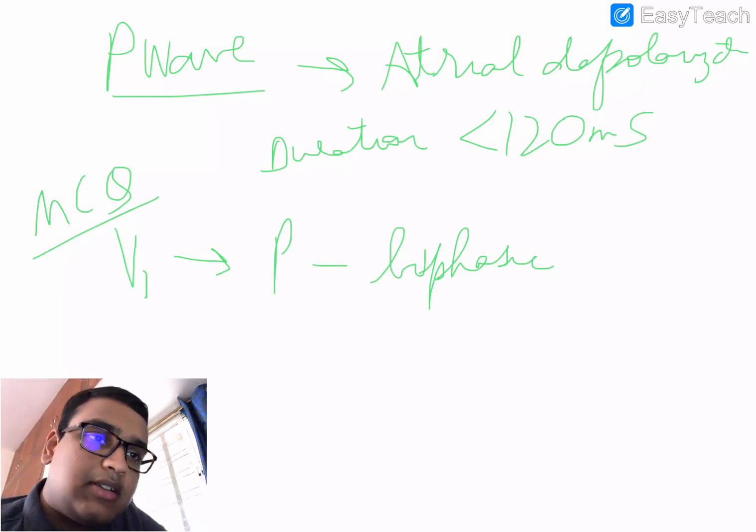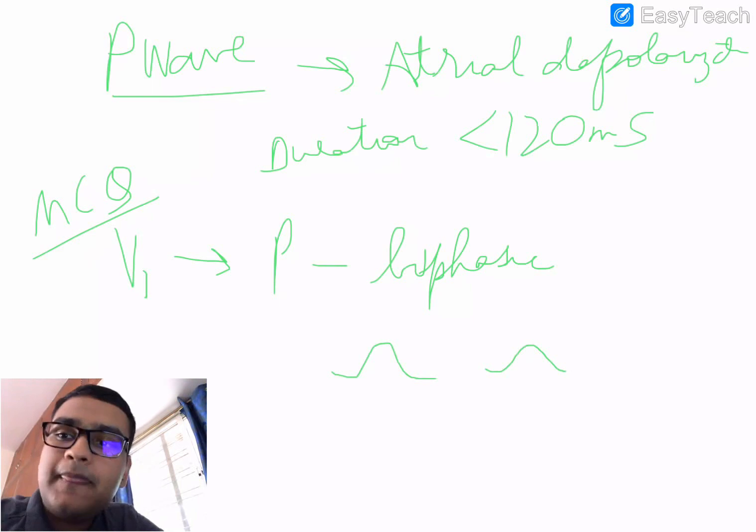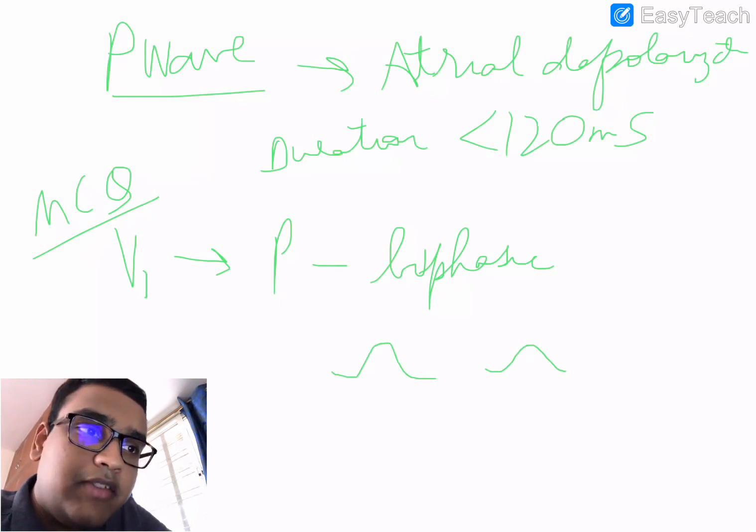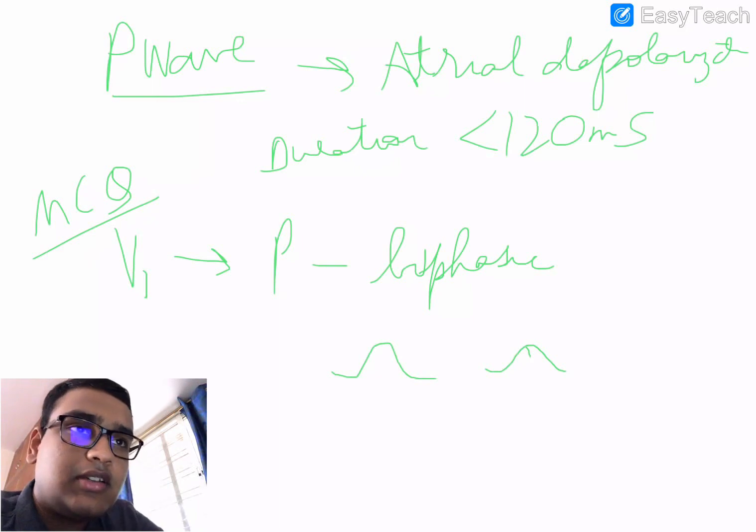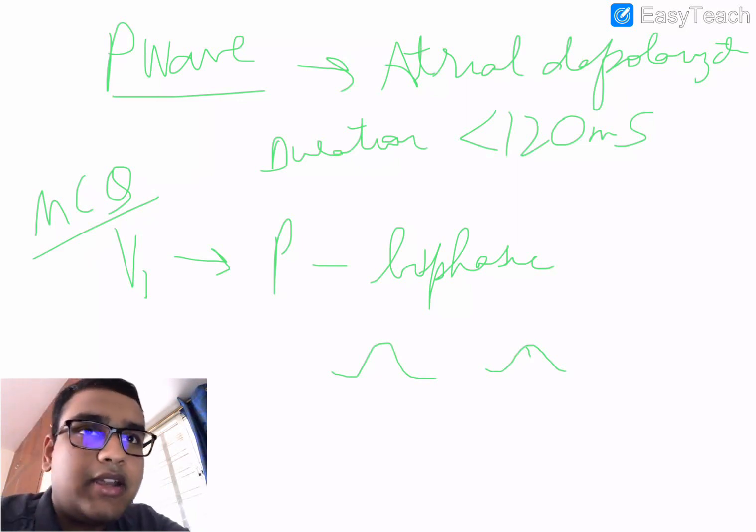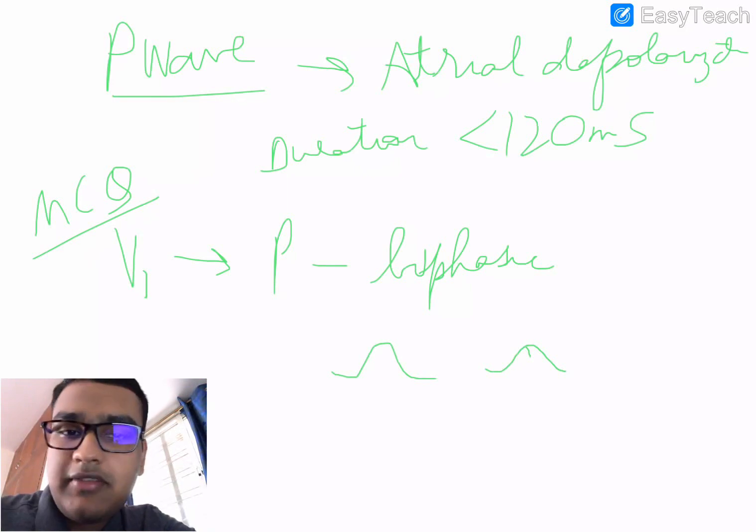During this transmission, there's a slight delay in depolarization of the left atrium compared to the right atrium. So the P wave, instead of being monophasic, can be a biphasic wave. A prominent P wave peak because of this biphasic nature is again abnormal, which we'll learn later. It's called P mitrale. So this is about the P wave.